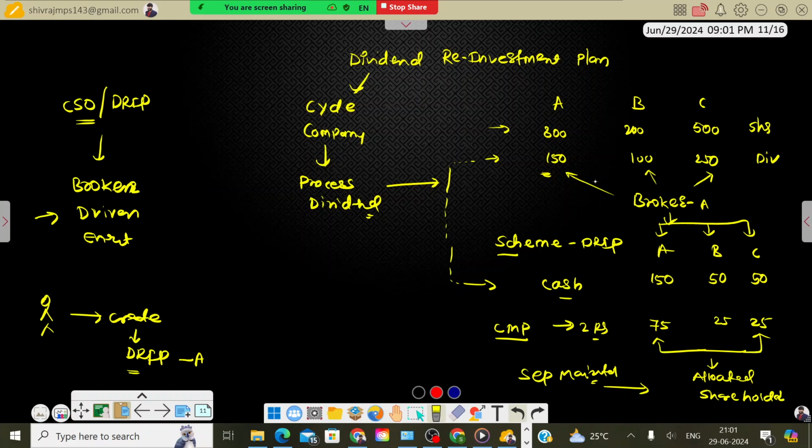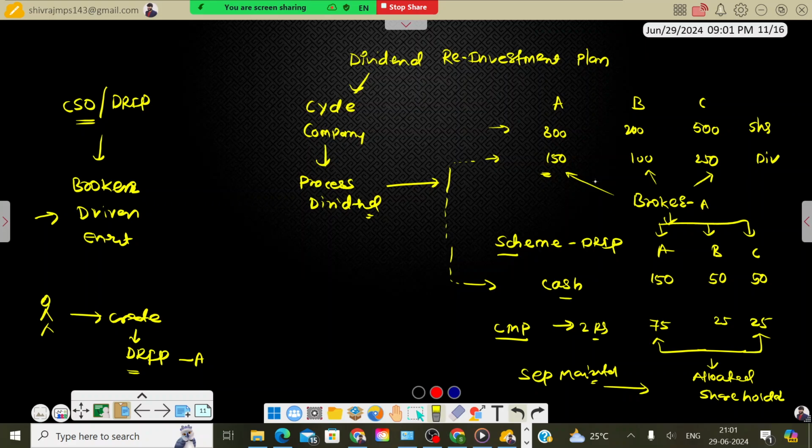Your question would be: why should I reinvest my dividends? If you reinvest, you can multiply your wealth, meaning your portfolio value may grow.